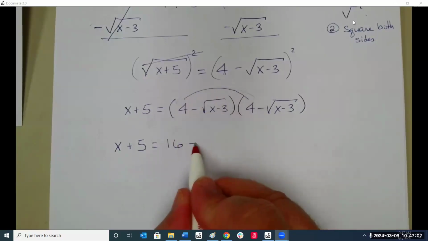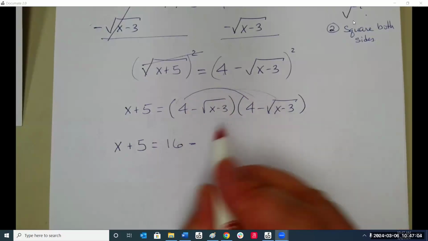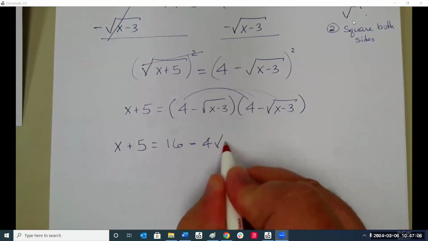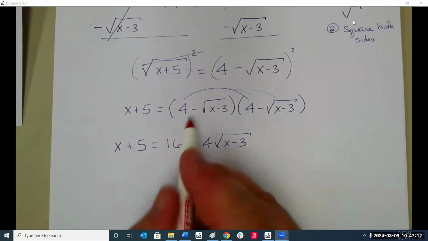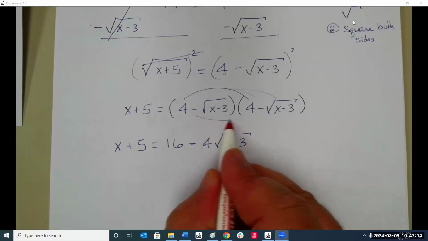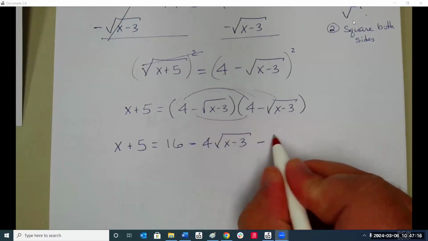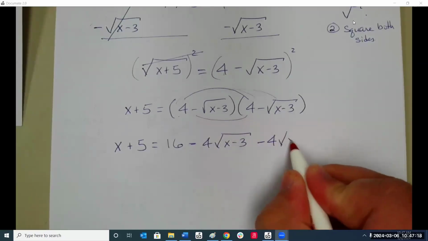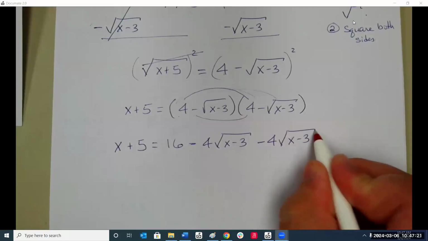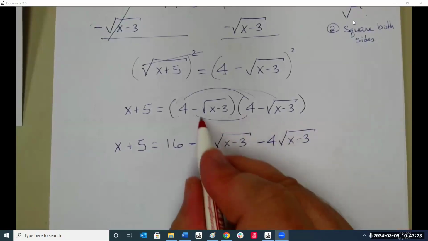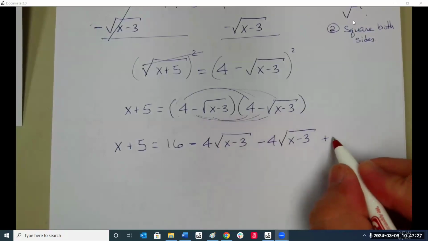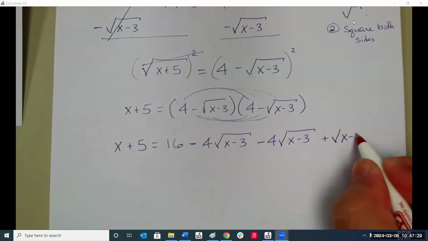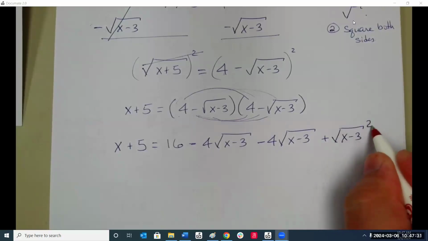Positive times negative is negative. 4 times radical x minus 3, so it's negative 4 radical x minus 3. Now the second term, negative 4 radical x minus 3. Negative and negative makes it a positive. Radical x minus 3 times radical x minus 3 is radical x minus 3 squared.